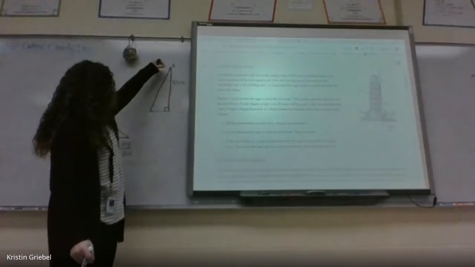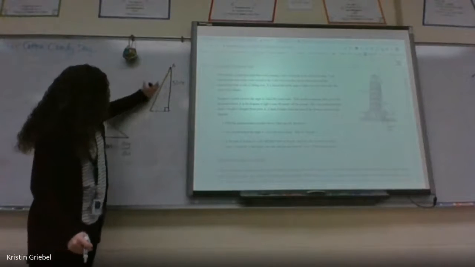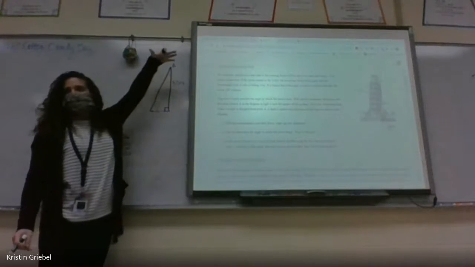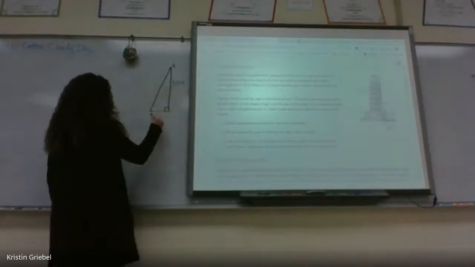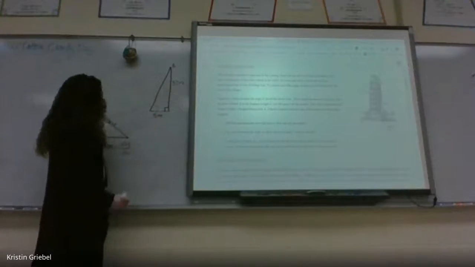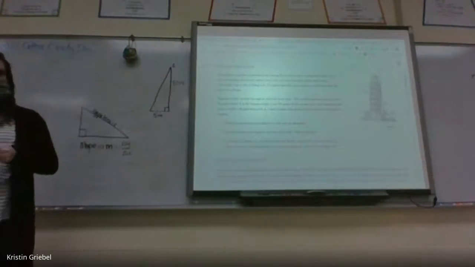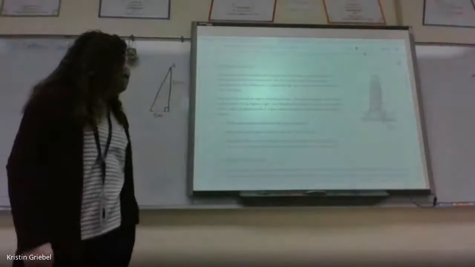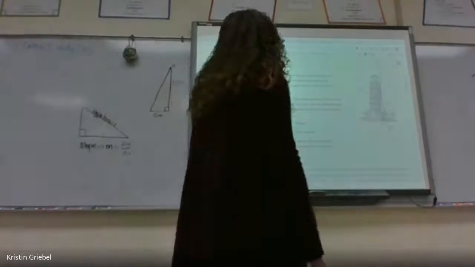And if you are standing, so like this is the leaning part of the tower, if you're standing at point A and you drop a weight, it falls 5 meters away from the tower. So this is our triangle. We have our picture here.